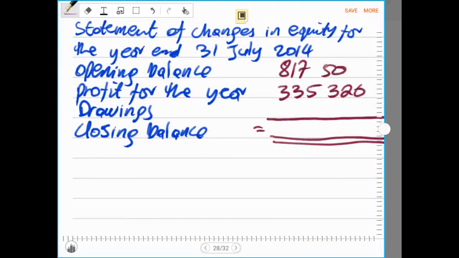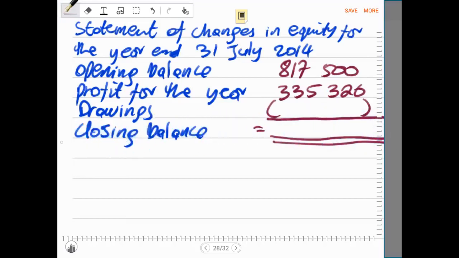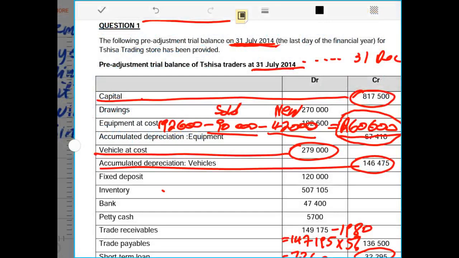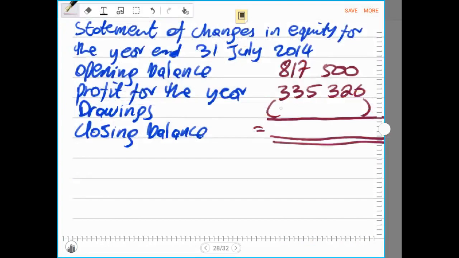Then we record the amount of the drawings. And remember, there was no adjustment regarding drawings in the trial balance. Therefore, the amount of drawings, as you can see, is 270,000 rands. We take that as it is, minus 270,000 rands.